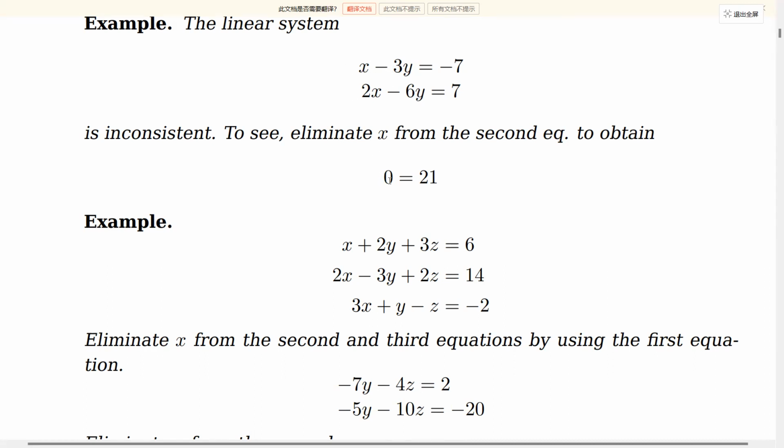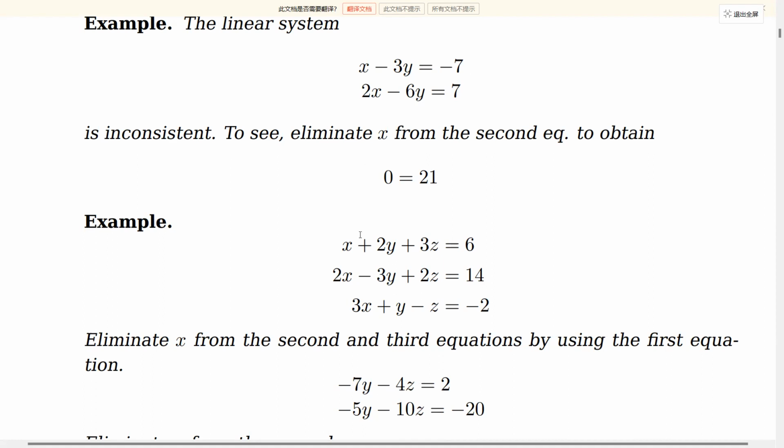You get 0 on the left, but on the right you get 14 plus 7, which is 21. So you get something inconsistent. That means these two equations cannot be true at the same time. So the system itself is inconsistent, right? All right. So that's a simple example of an inconsistent system.